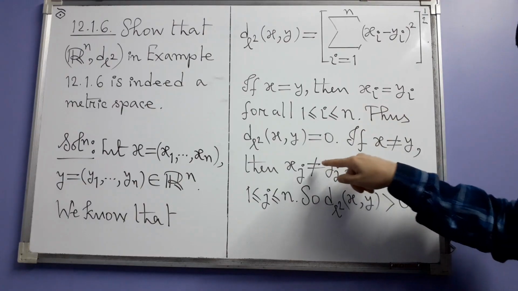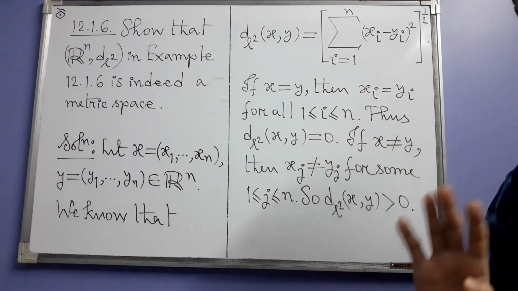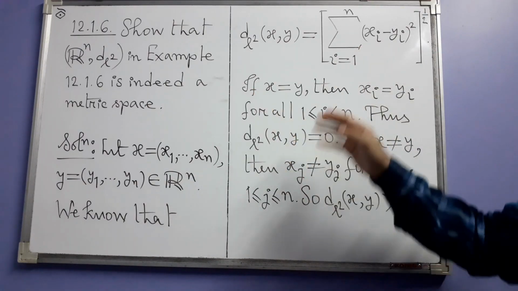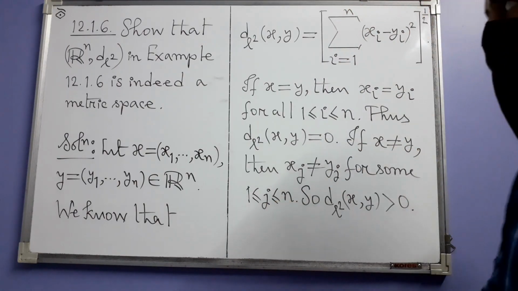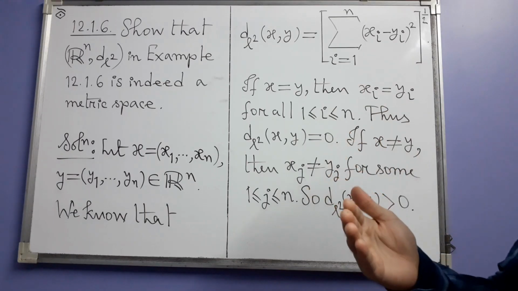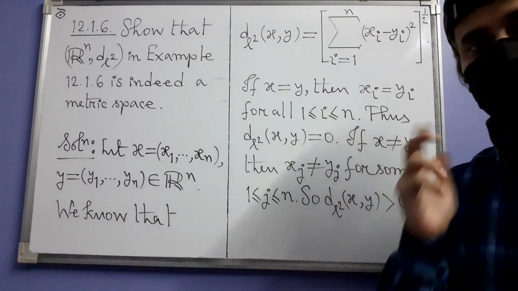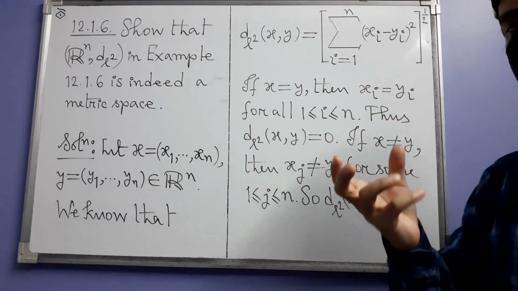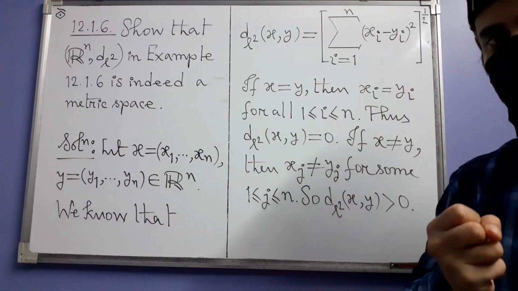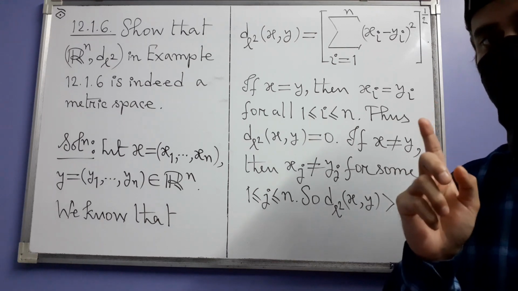Then what would be the effect of the positivity of that square on this sum? That would make this sum itself a positive real number. Why? Because the other terms, all the terms being squares, are non-negative real numbers. So the least all of these terms can be is 0. None of them can be negative.